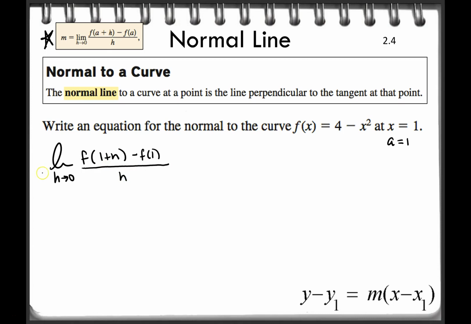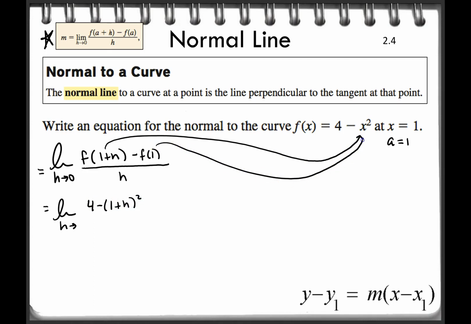All right, so we are now going to plug in 1 plus h into x, so we get 4 minus 1 plus h squared. And now I got to plug 1 into x, so I get 4 minus 1 squared. Well, 4 minus 1 squared is 4 minus 1, which is equal to 3. So we've got the point 1 comma 3, and I'm going to have minus 3 here.